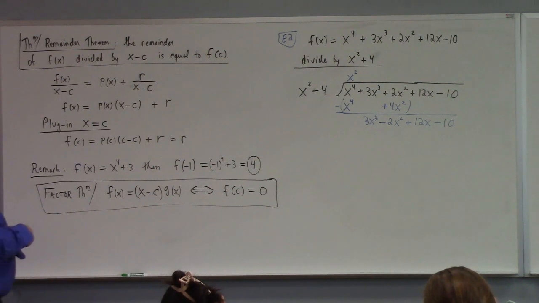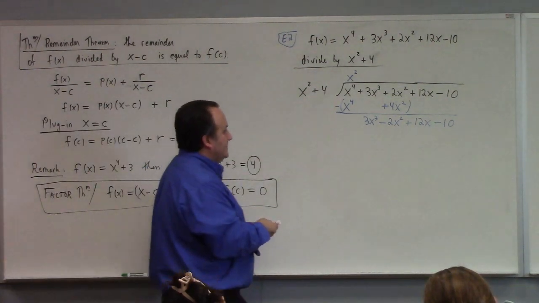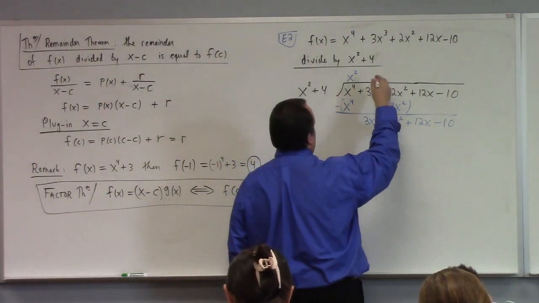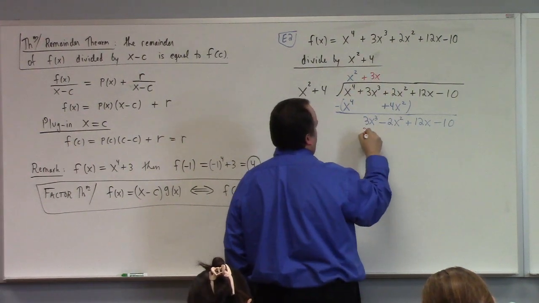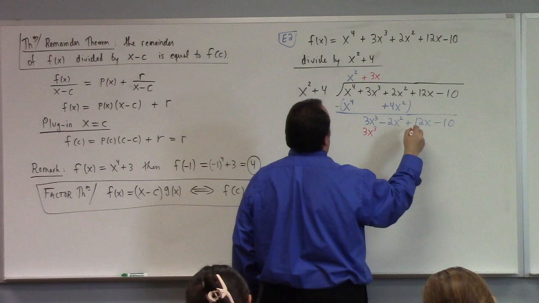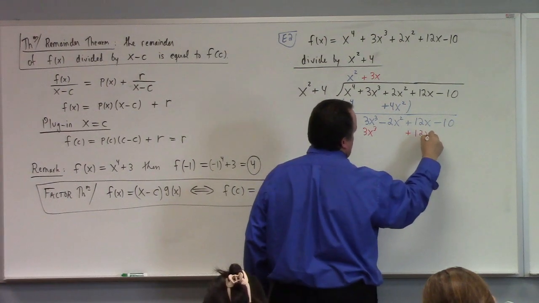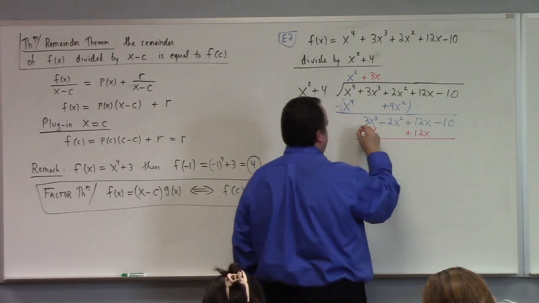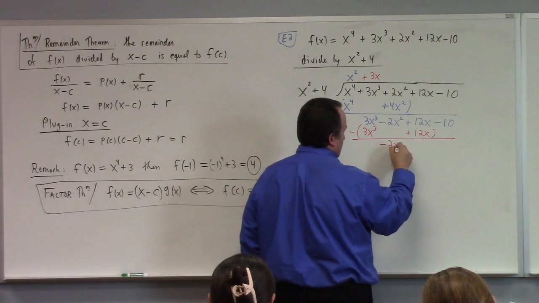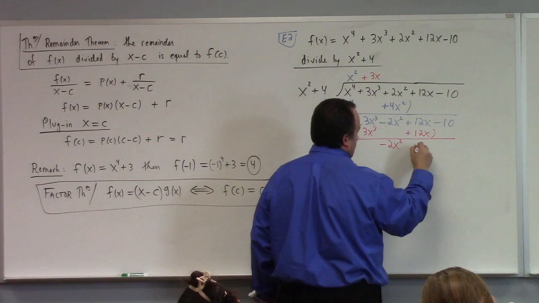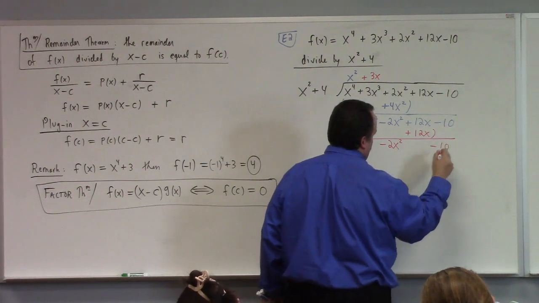All right, now I've got a 3x cubed. How do I get rid of that? Plus what? Plus 3x? Yeah. 3x cubed plus 12x. We subtract. What are we left with? Minus 2x squared, minus 10 apparently.